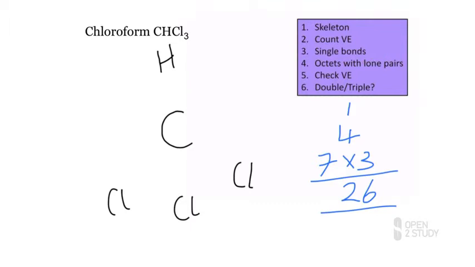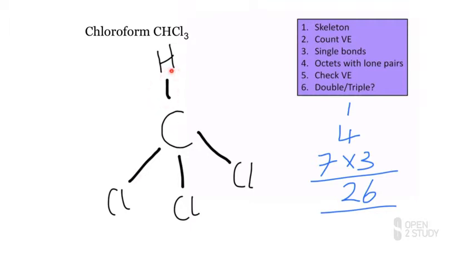We now need to join them all up to the central carbon atom using single bonds. So connecting each of the outer atoms to the central carbon atom. The 4th step, we then need to make sure that each of the atoms can see their octet by adding lone pairs of electrons if we need them. Starting with hydrogen up the top, remember, don't worry about that, only ever wants the single bond. We then look at carbon in the middle.